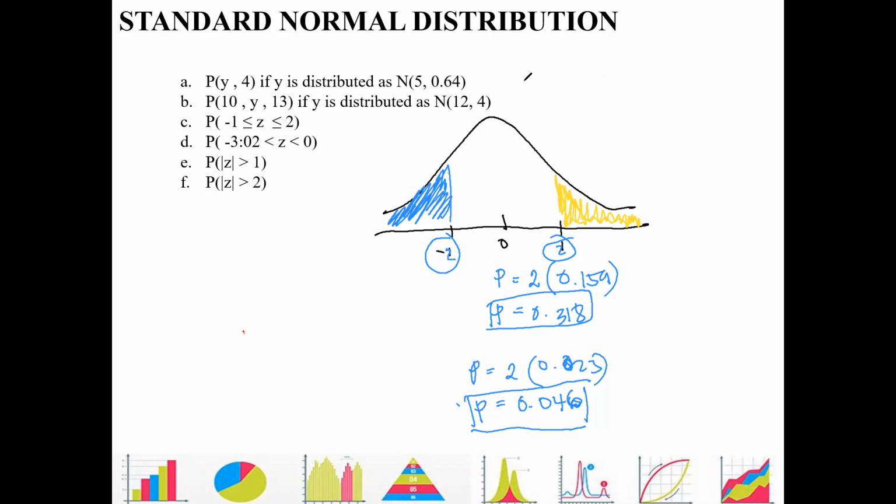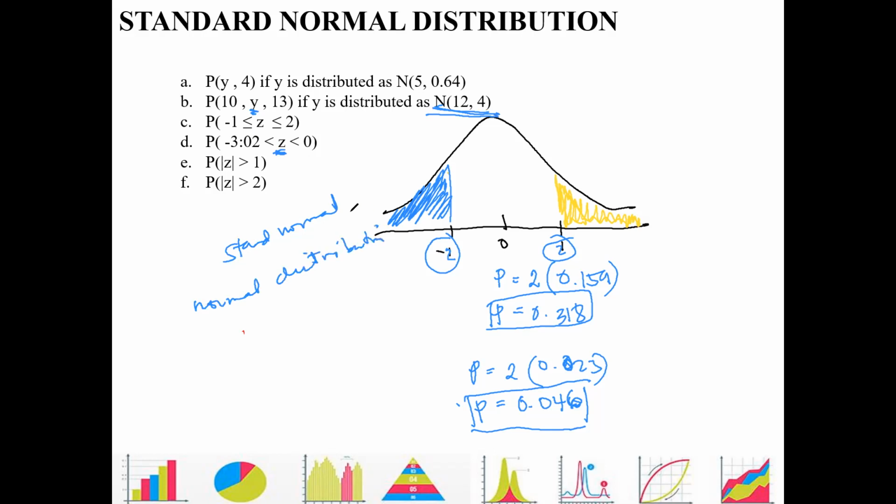Wala na po, sir. Sir, paano mo malalaman kung yung value is in normal distribution or in standard normal distribution? Ang first clue na makikita nyo, yung pinakamadali is that the value is in Z or the variable is in Z, meaning that the problem is already in standard normal. Pero kapag meron naman kayo nakita na value na instead of Z, naging Y siya, at meron siyang kadugtong na format ng N, mean, variance, meaning that it is in normal distribution pa lang.